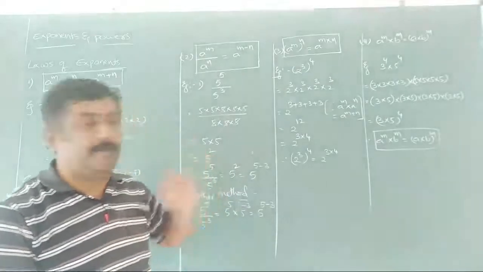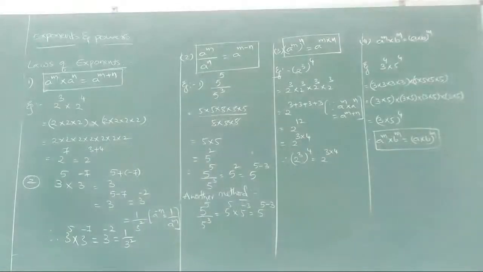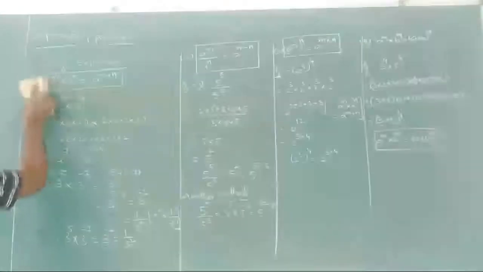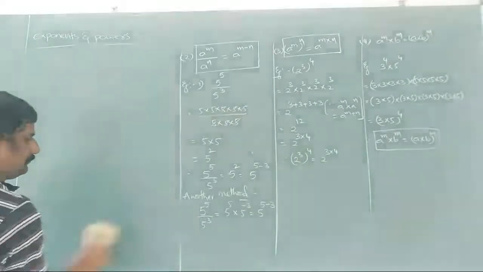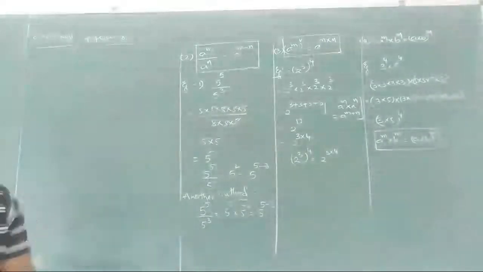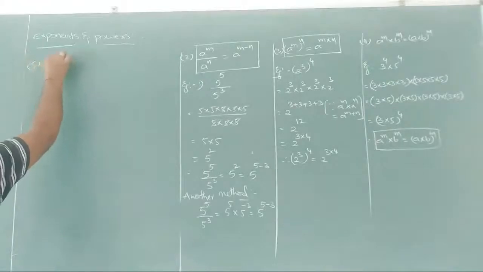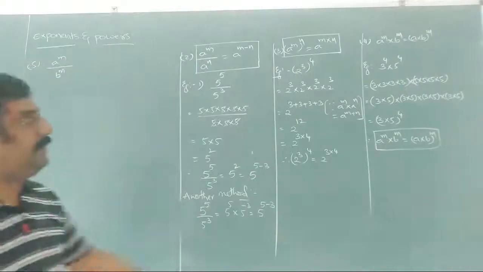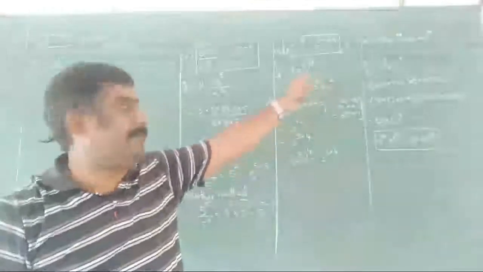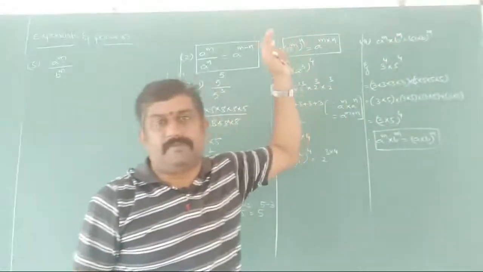Next, let me go for the fifth one also. Here different bases we took. A to the power of m into b to the power of m, nothing but a into b whole to the power of m we got here.